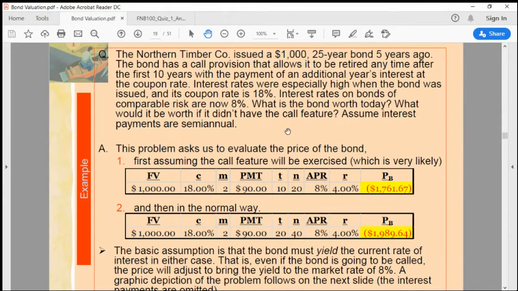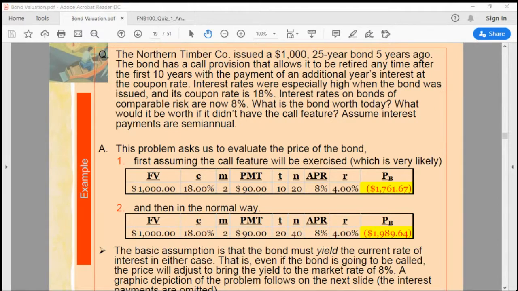Value it as a regular bond. Okay, so I set it up here already, but you should spot that something is wrong there. I made something deliberately off, and you should be able to spot it. But let's do this on Excel.